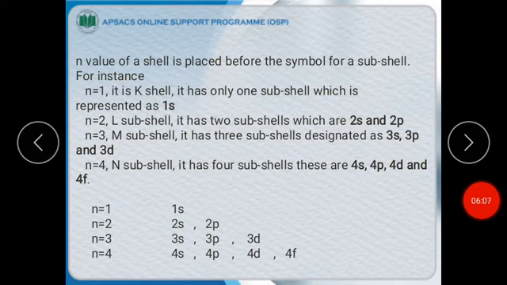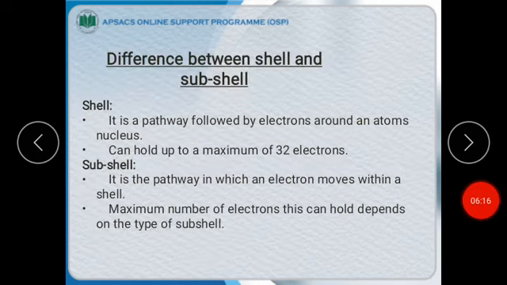My dear students, now tell me, what is the difference between shells and subshells? Yes, you are right. Shell: it is a pathway followed by electrons around an atom's nucleus. A shell can hold up to a maximum of 32 electrons.